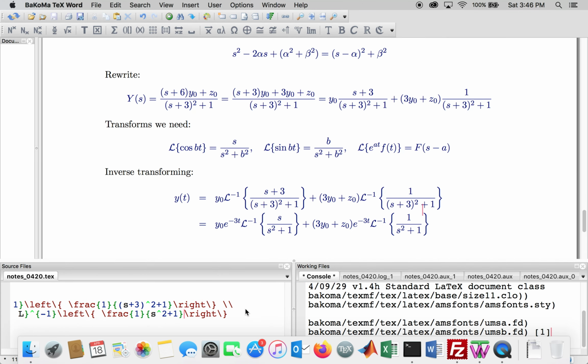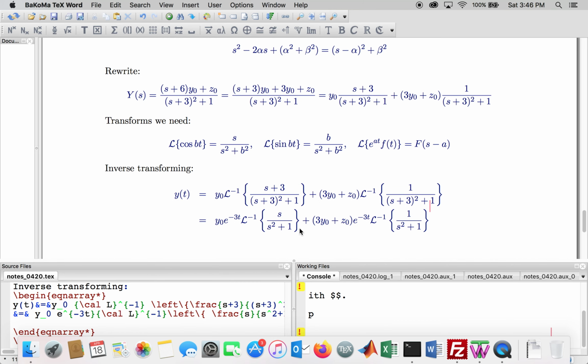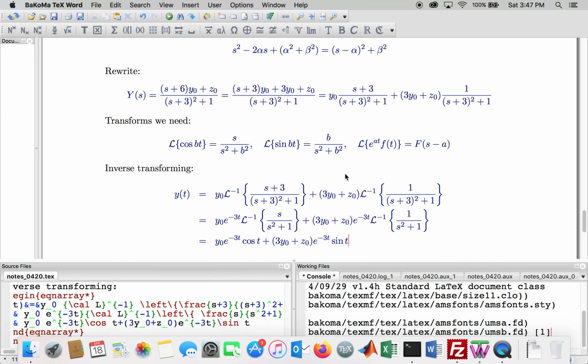All right, so now these fractions fit these formulas exactly. So I have y naught e to the minus 3t times the inverse transform of this, which, with b equal to 1, is cosine t. And this one fits this formula, again with b equal to 1, so we get sine t. And we're done. We have our solution.